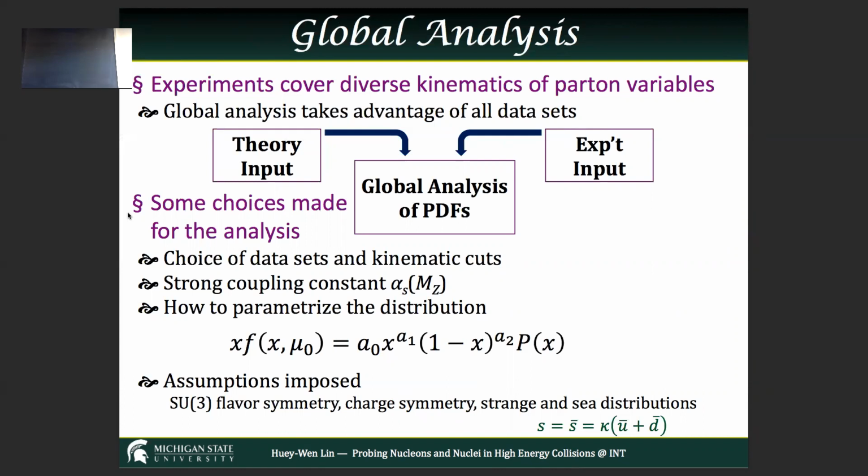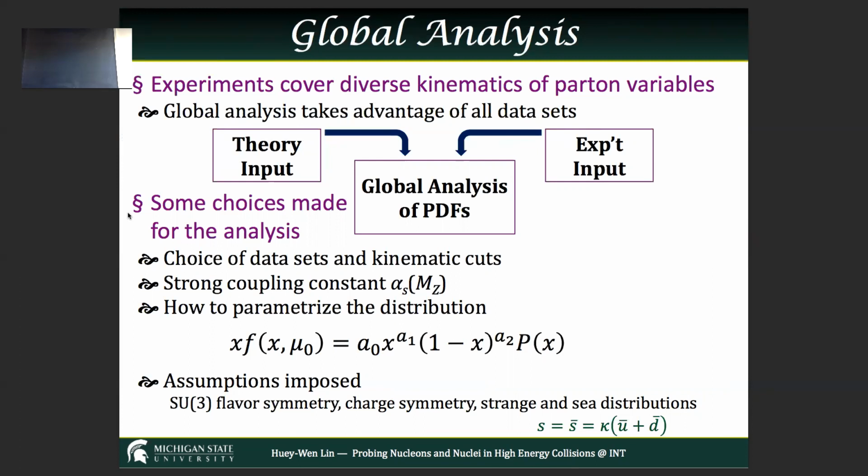There is more than one set of PDFs for the unpolarized case, a little bit fewer for the longitudinally polarized, and even fewer for the transverse ones. One of the things that motivated this lattice calculation is that, at least a few years ago when we started, there was a big discussion about how you parameterize the distribution functions.